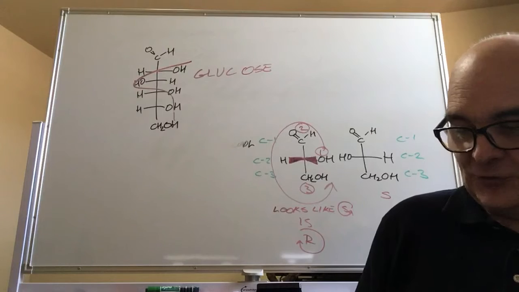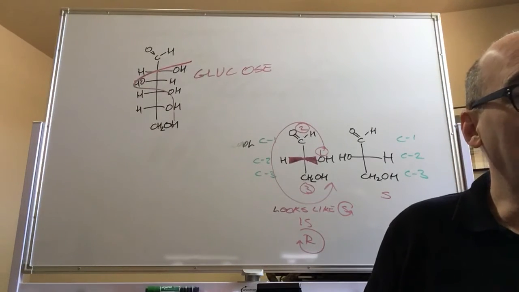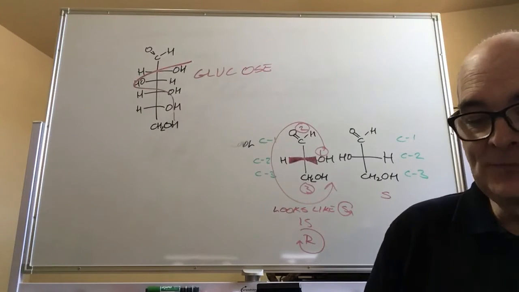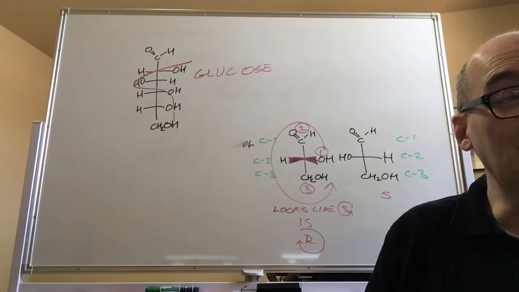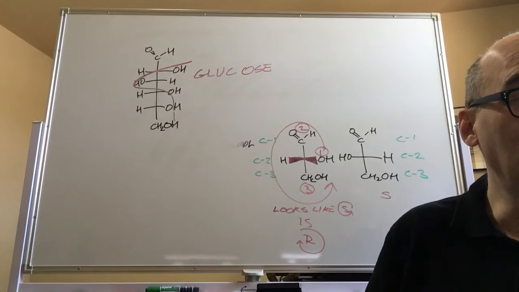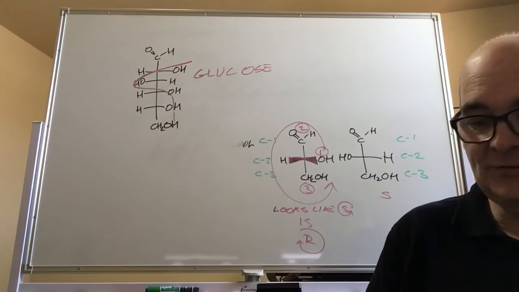Sucrose? Sucrose is a disaccharide. It's two little sugars stuck together. The two sugars that are stuck together are glucose and fructose. You may have heard of fructose. It's fruit sugar. Anything else?